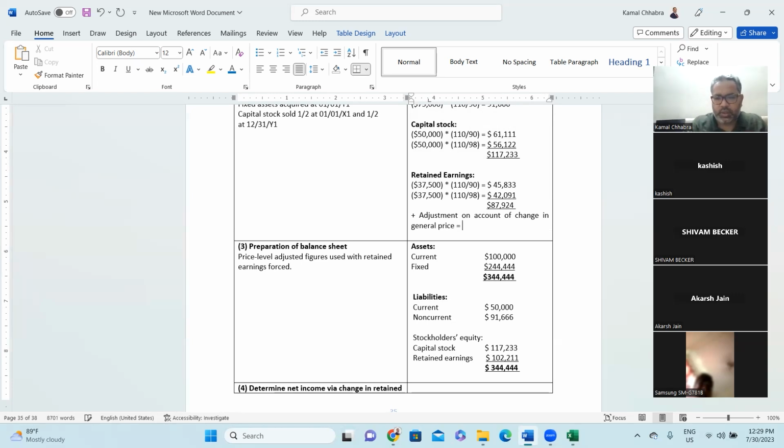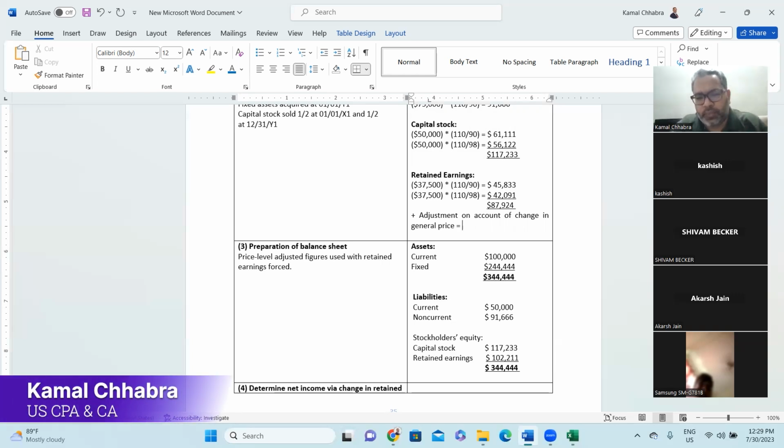How much will that be? That will be the difference between all these numbers. Balancing figure. 344,444 minus your current liability minus your non-current liability minus your capital stock.